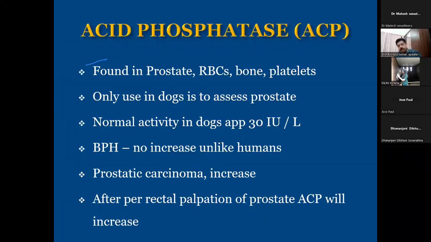We all know that prostate diseases are commonly found in dogs, especially BPH, benign prostatic hyperplasia. In human beings, there will be an ACP hike with BPH. But in dogs, there is no increase of ACP in BPH. ACP will be increased in dogs only in prostatic adenocarcinoma.